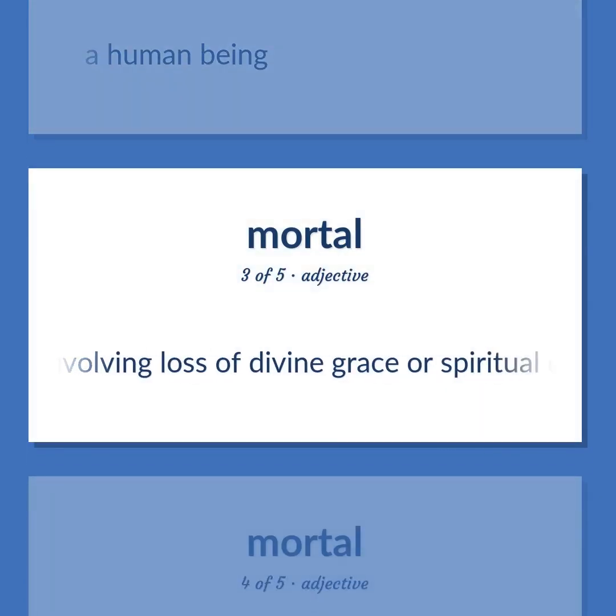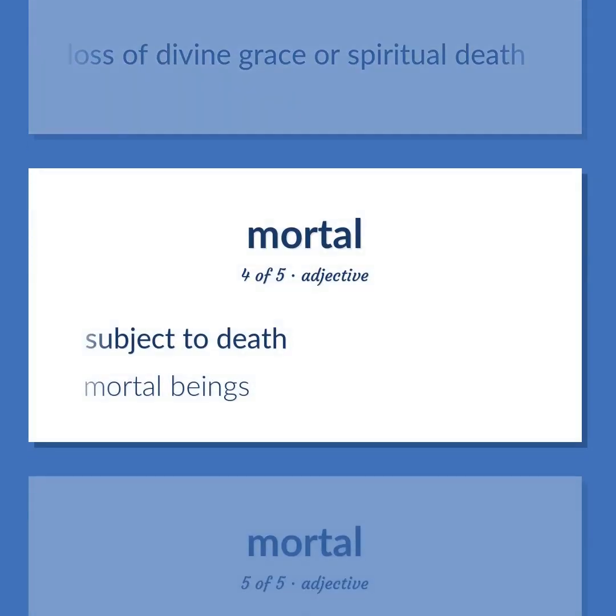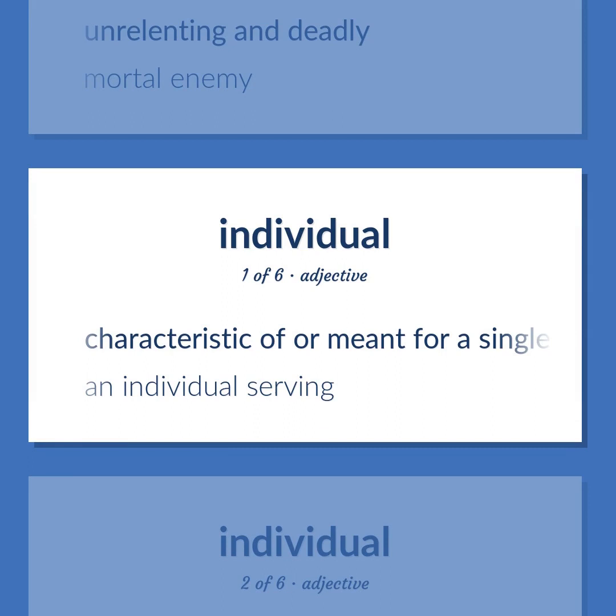Involving loss of divine grace or spiritual death. Subject to death. Mortal beings. Unrelenting and deadly. Mortal enemy. Characteristic of or meant for a single person or thing. An individual serving.